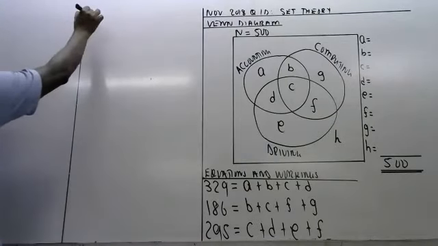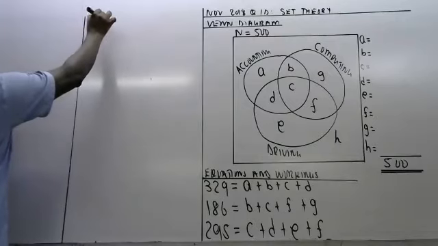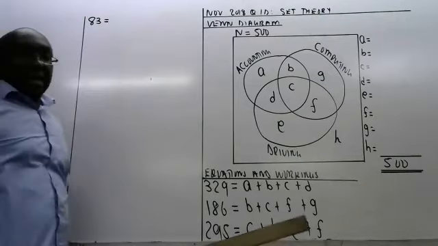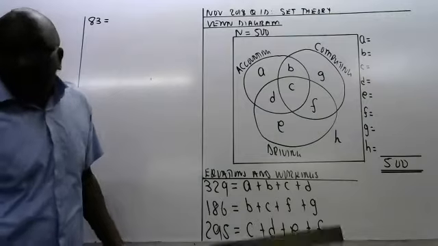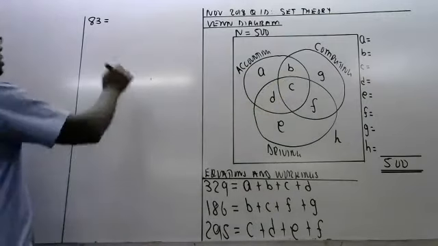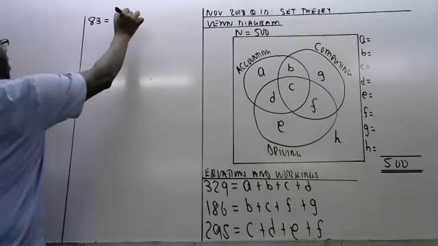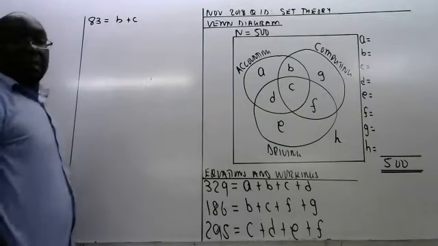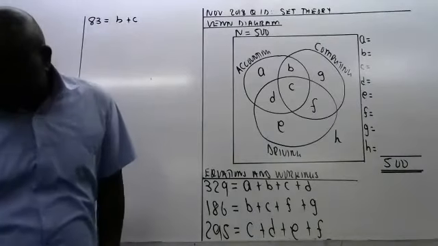So 83, they were undertaking both accounting and computing. So accounting and computing, that is BC. So B plus C there.